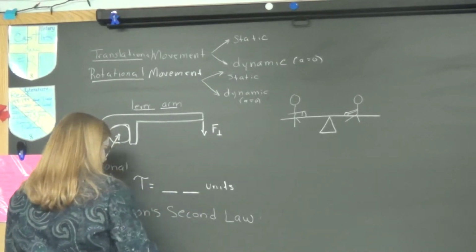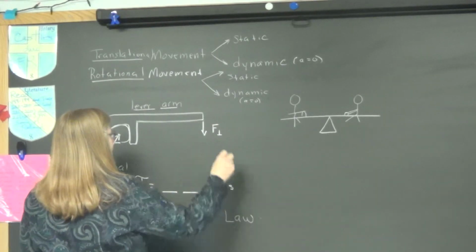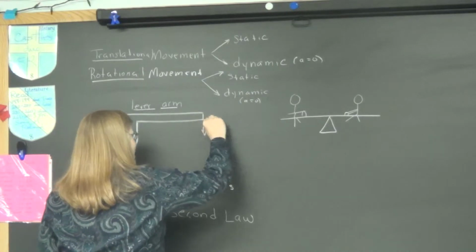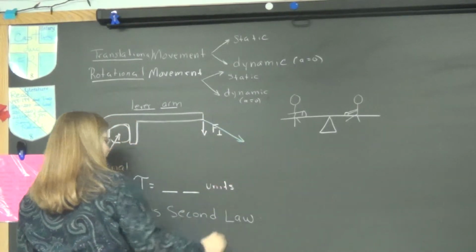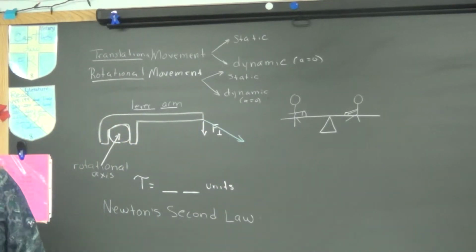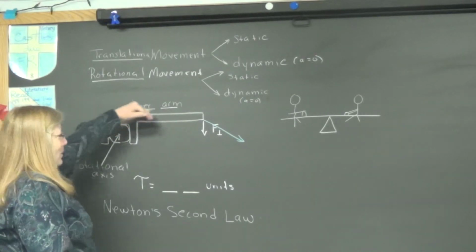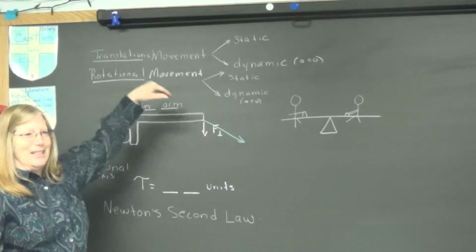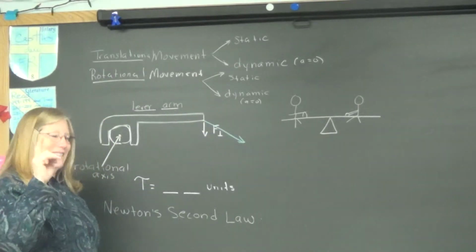And I had a question for you. Again, I didn't address everything yesterday. What if the force went this way instead of perpendicular? What do you think we would do with such a situation? Having seen similar situations all year long, what do we always end up doing with diagonal forces? Finding the vertical and horizontal.